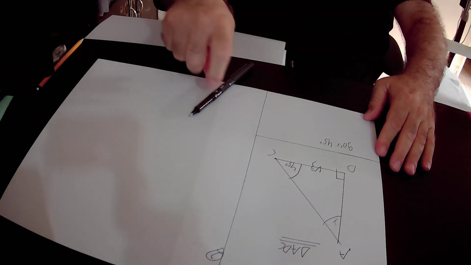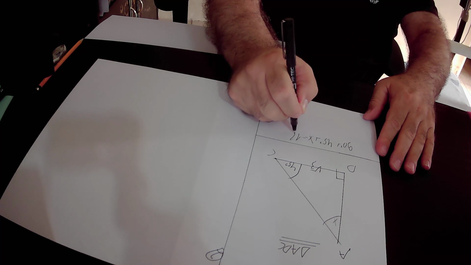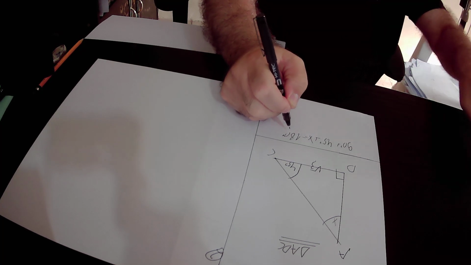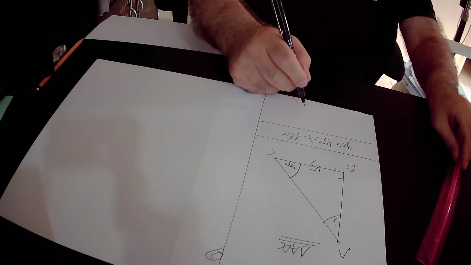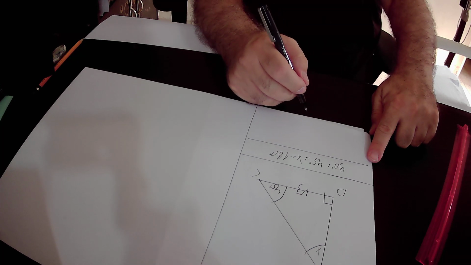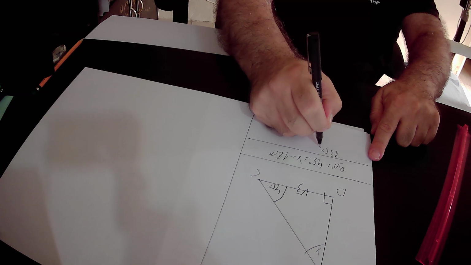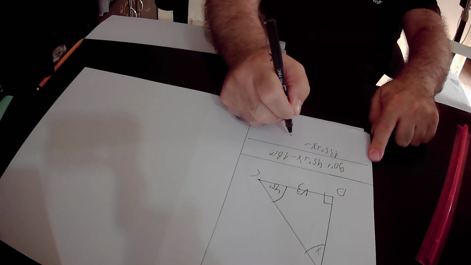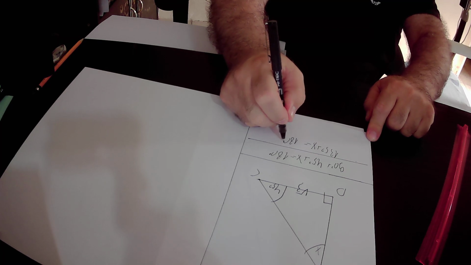In total, the sum of those three angles must be equal to 180 degrees. So here 90 degrees plus 45 degrees is equal to 135 degrees, plus the size of angle x. In total, it must be equal to 180 degrees.